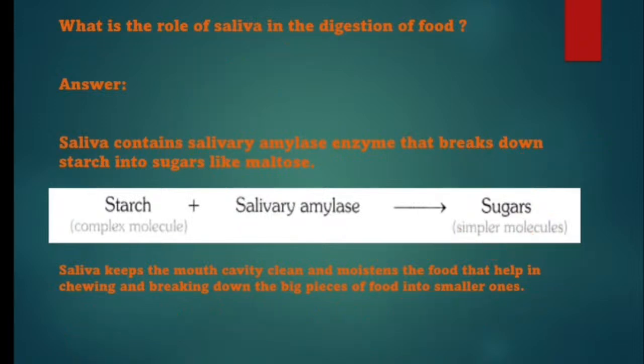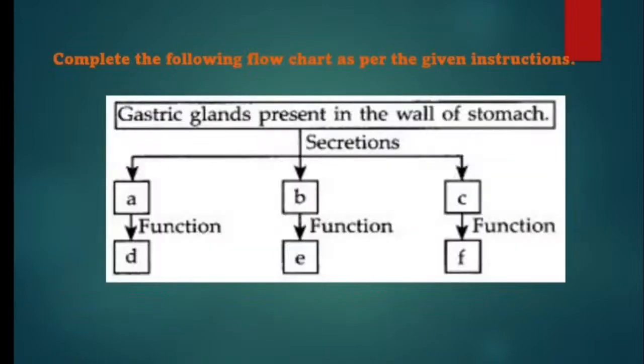Okay, moving forward. Complete the flow chart as given below and as per the given instructions. So they have given you a flow chart. This question is often asked for 2 marks or 3 marks. Now gastric glands present in the wall of the stomach and the secretions.